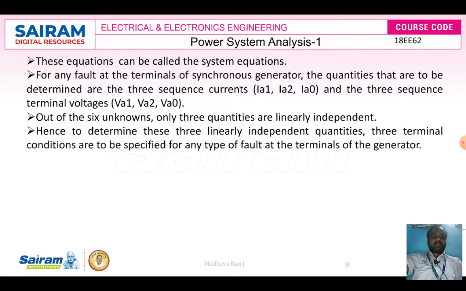IA1, IA2, IA0 are the sequence currents and VA1, VA2, VA0 are the sequence terminal voltages. You have to remember these currents and voltages.